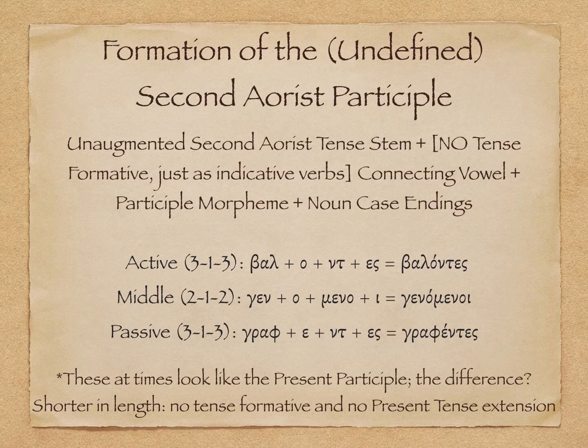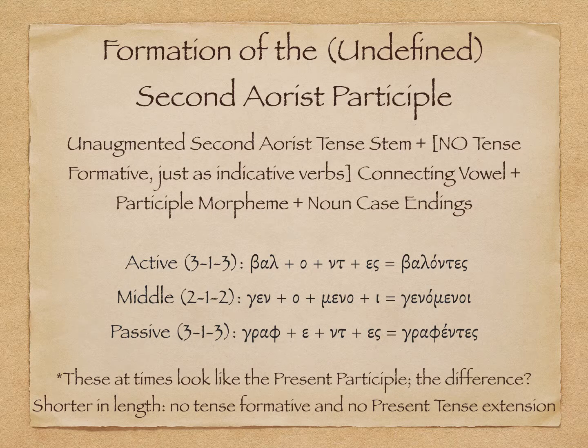Here we have again the unaugmented tense stem, this time second aorist. No tense formative. Remember, the first aorist has sigma alpha or theta eta as a tense formative, but there isn't one with the second aorist. So these participles, second aorist compared with first aorist, are they longer or shorter? Well, generally they'd be shorter because they don't have that tense formative.